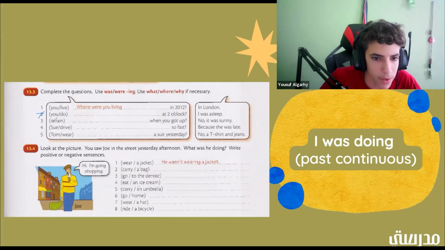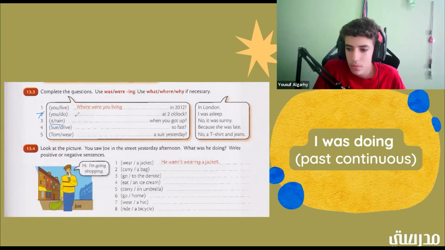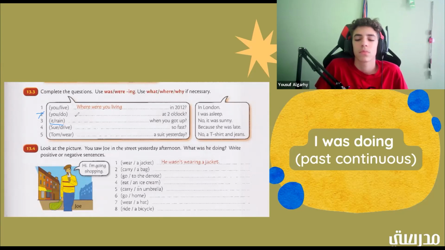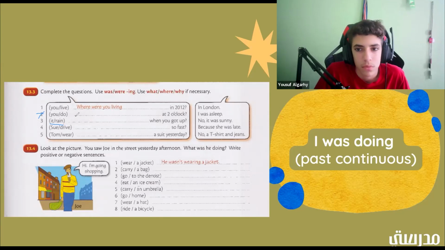Now we have it rain, and then we have when you get up, and then the person says, no, it was sunny. So it rained. How could we change this into a sentence? Was it raining when you got up?